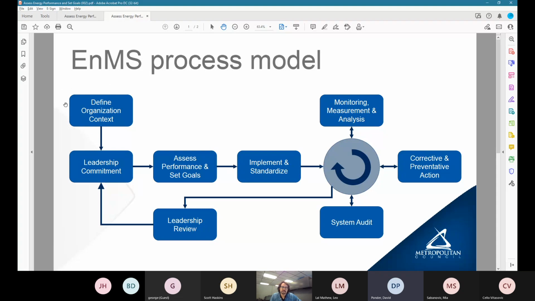So that's this defined organizational context piece. I'll circle back to the leadership commitment piece in a moment, because we kind of stalled out a little bit there, but I don't think that precludes us from doing some work down the line.